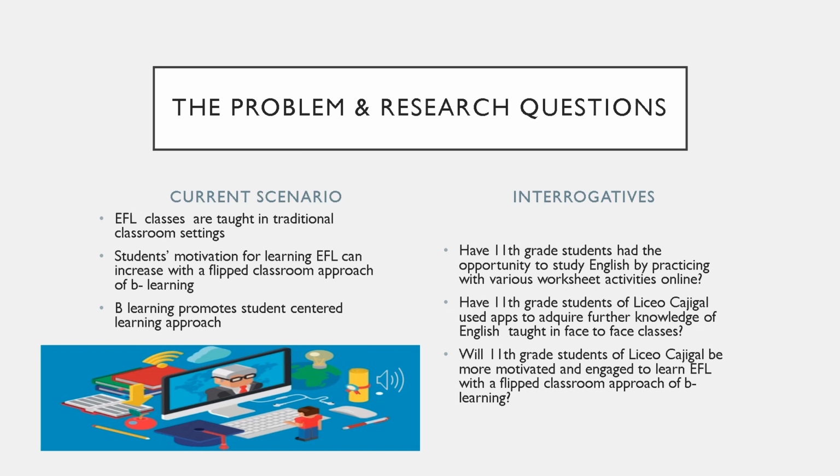When the student comes into class, the student has an idea and has developed questions, so the classes can be more interactive, more motivating, and students can be more engaged in English as a foreign language classes. In this way, students can become active learners instead of passive learners.